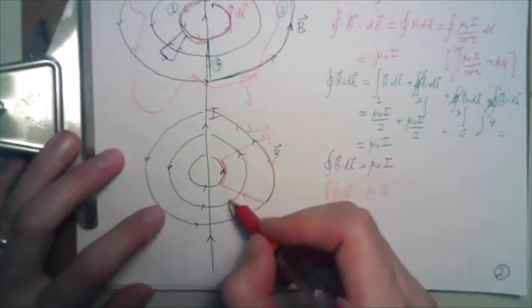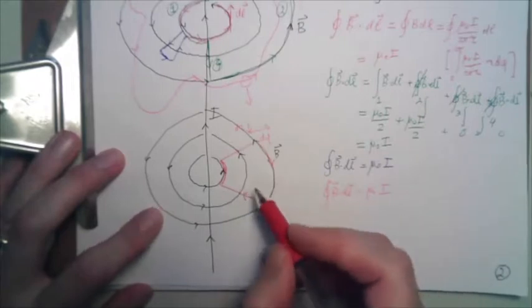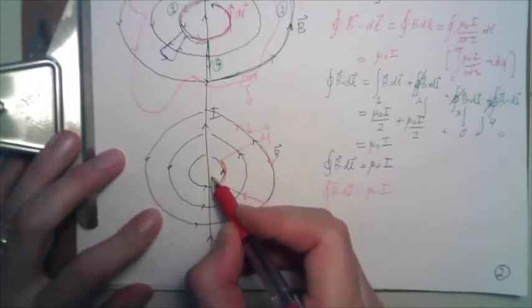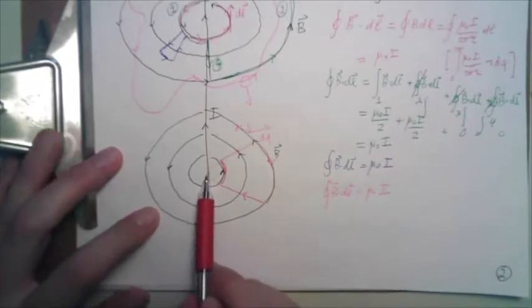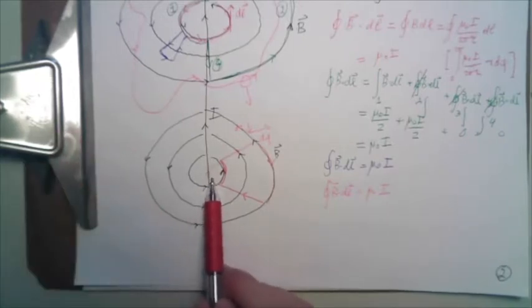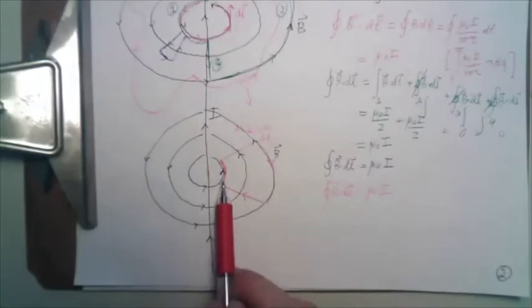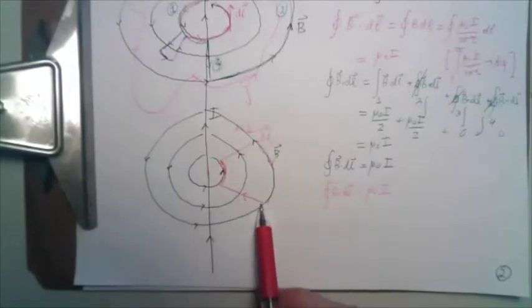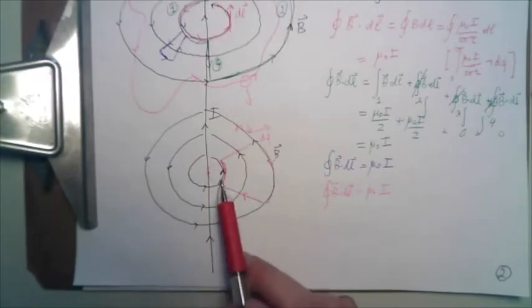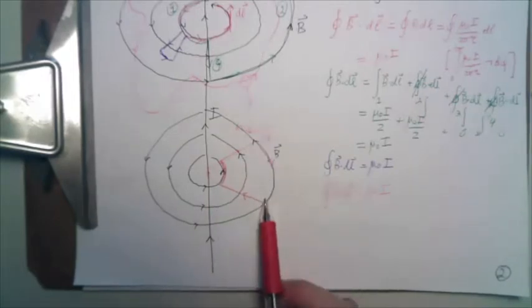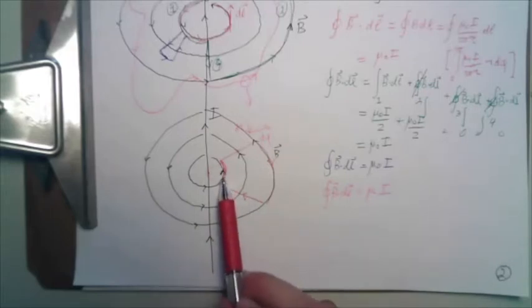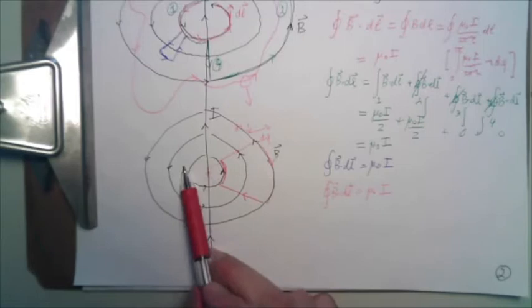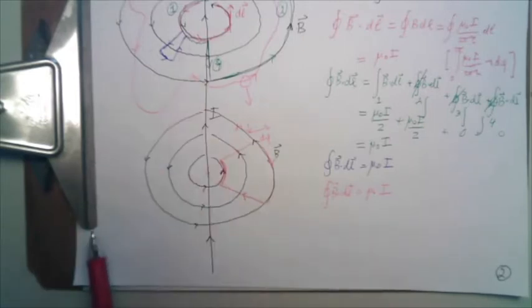We can make it arbitrarily shaped, and you would find that looking from this point, as long as there's always one part of this path that goes in this direction and another part that goes in the opposite direction, if that number is even, so in other words, one this, one that, this thing will always evaluate to 0. And the only way to get a non-zero result is if you go in a circle, like for the red path there.